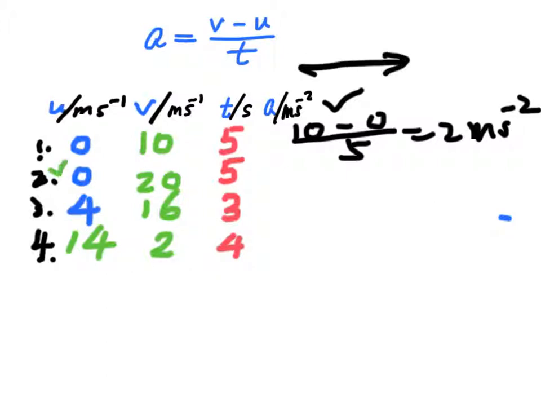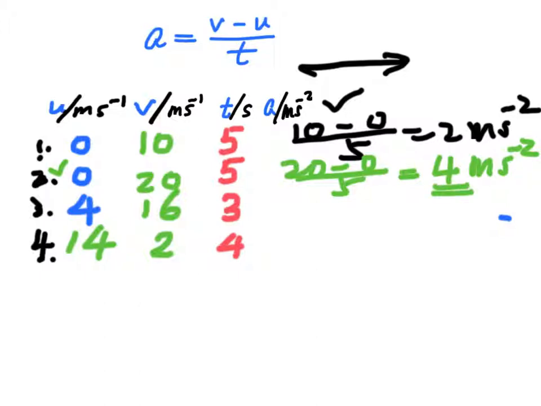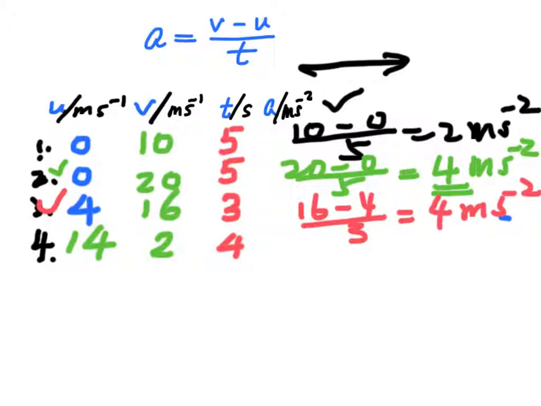For the second question, acceleration is 20 minus 0 over 5, which is 4 meters per second squared, which means it has a greater acceleration than before. For number 3, the acceleration is 16 minus 4 over 3, which is equal to 4 meters per second squared. Again, the acceleration is the same as number 2.